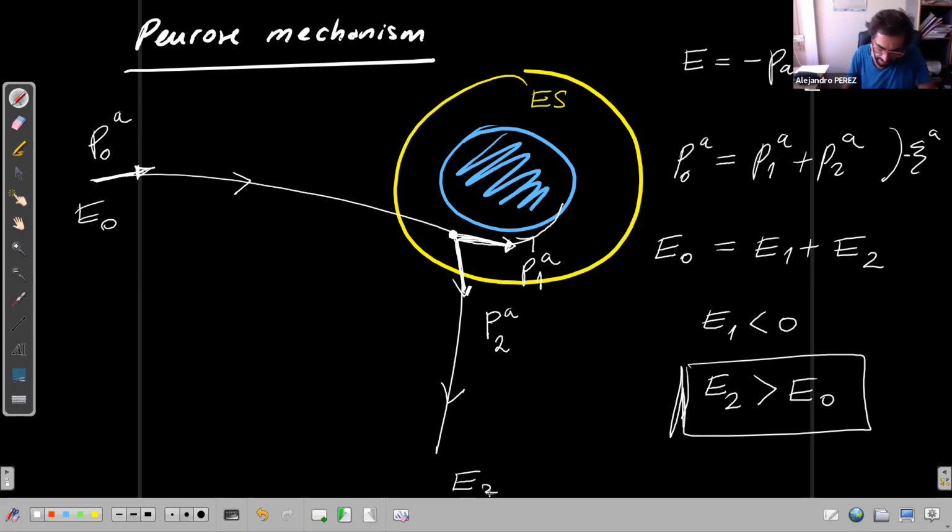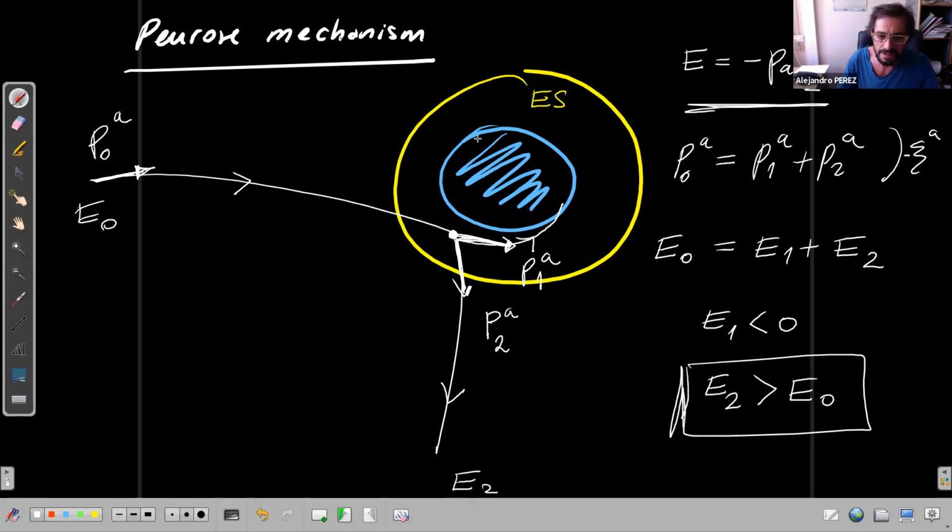Now, what about the particle with energy E1? That's the negative energy particle, according to this definition of energy. Once the particle has been created from the splitting, this energy will have to be conserved, because this is a freely falling particle and this notion is conserved according to our little lemma, so this energy will remain negative.